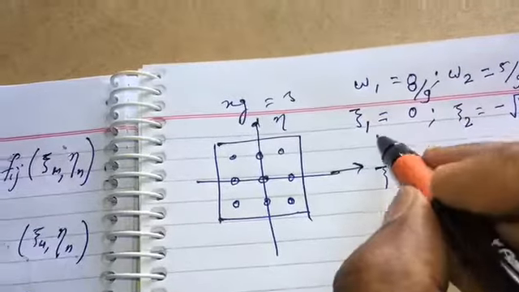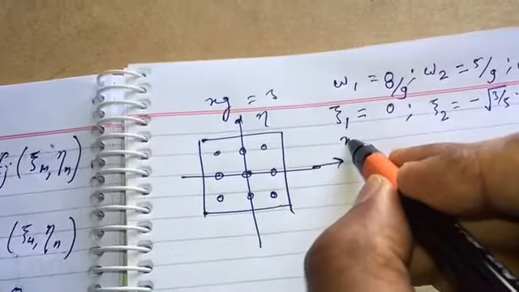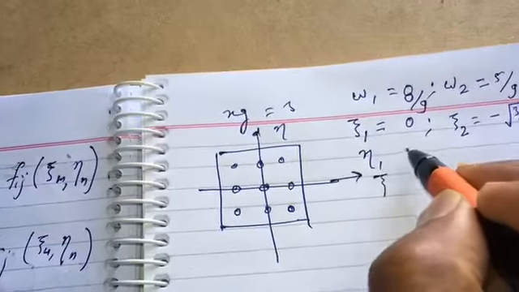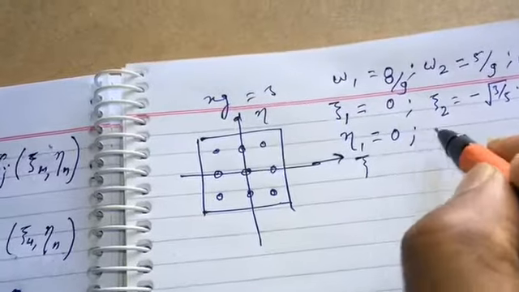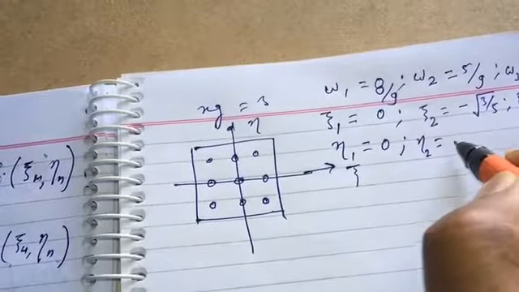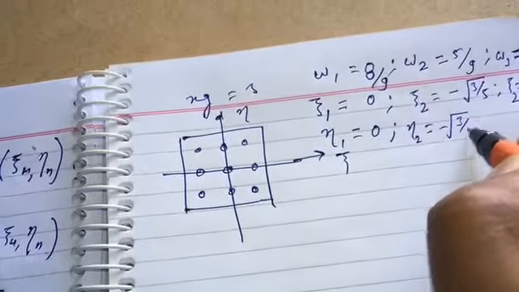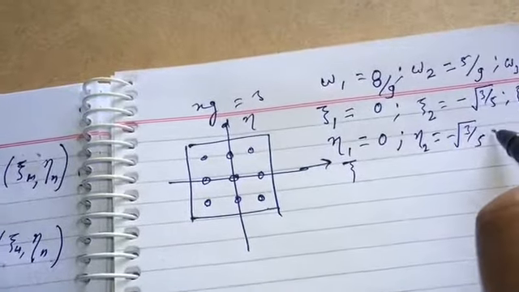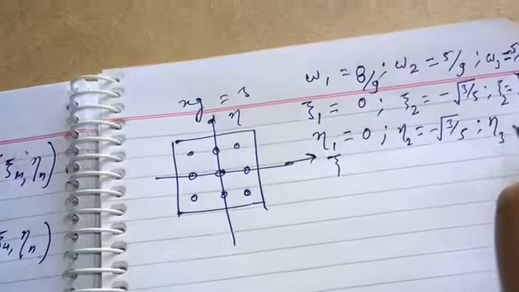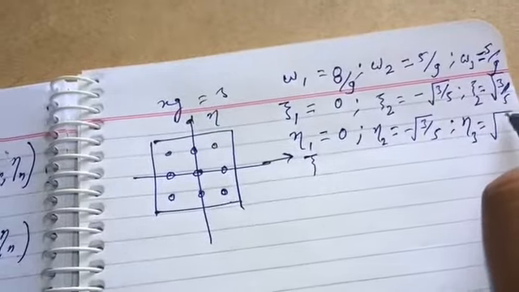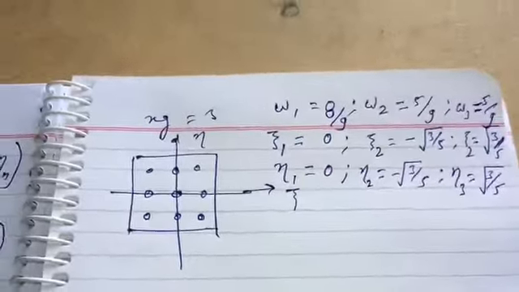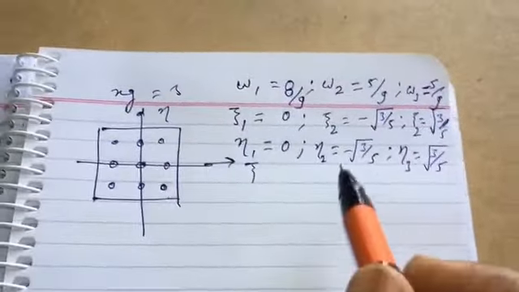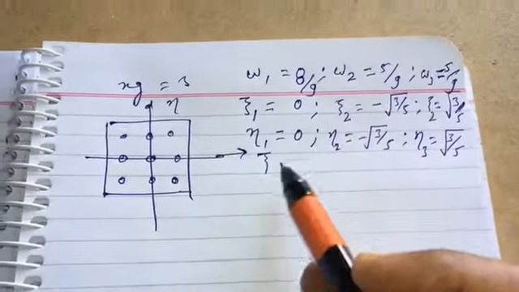Then eta 1 is similarly 0, eta 2 is equal to minus root 3 over 5, and eta 3 is also equal to root 3 over 5. These are the values that we have to use in order to integrate.